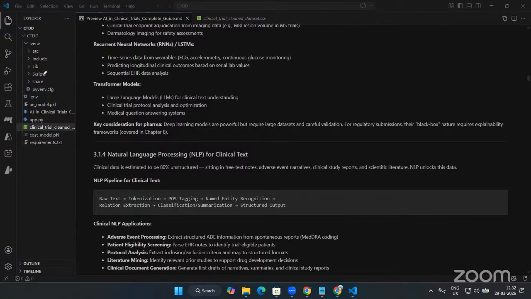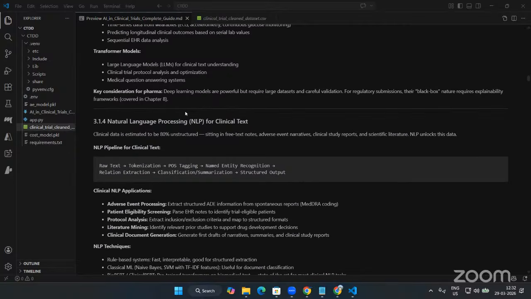Now, the key considerations for pharma: deep learning models are powerful but require large data sets and careful validation. This is critical for regulatory submission because they have a black box nature. Black box nature is that it doesn't explain everything.